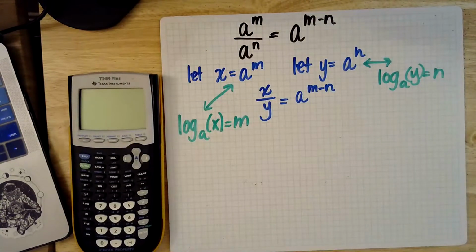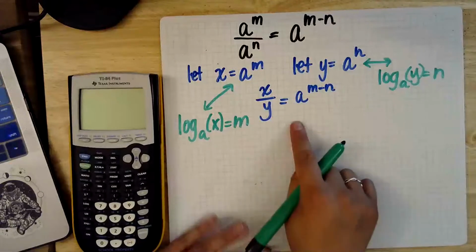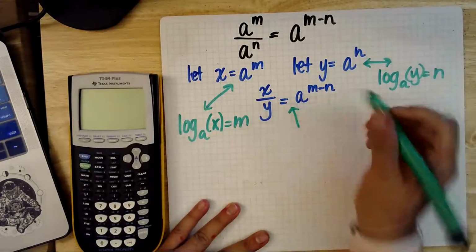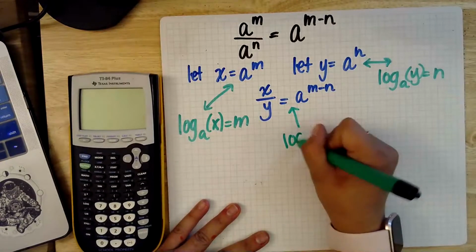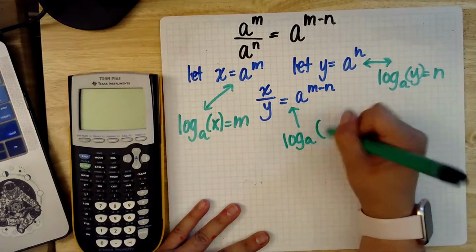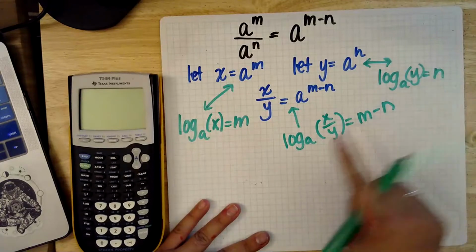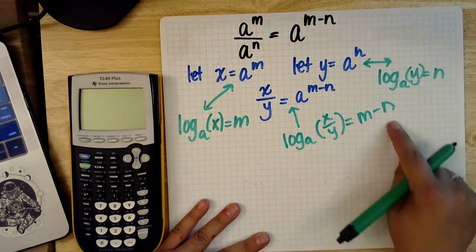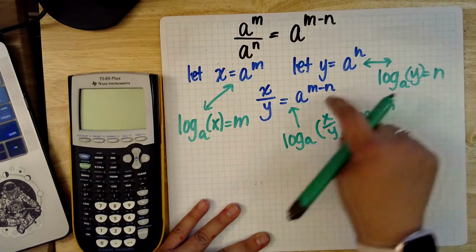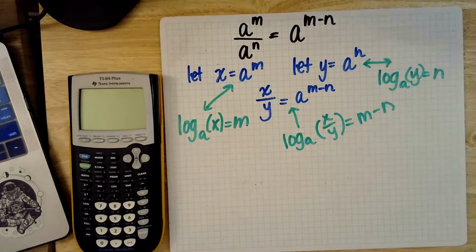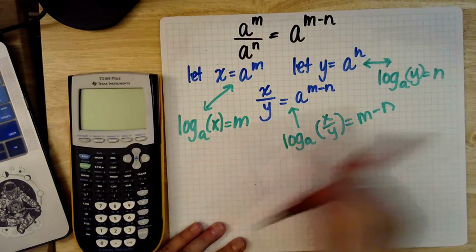Okay, so now I'm going to do the same thing with this guy. I'm going to say log a of x over y is equal to m minus n. Again, a to the m minus n power is equal to x over y. Now all I'm going to do is substitute m and n. M is that, n is that.